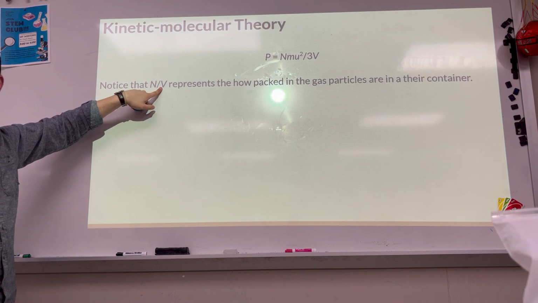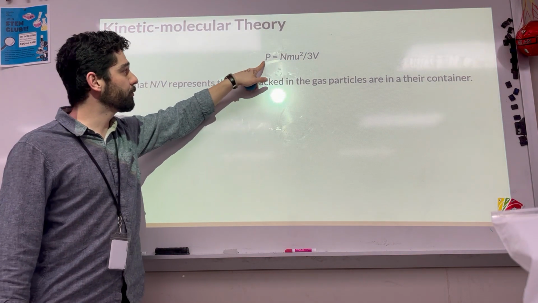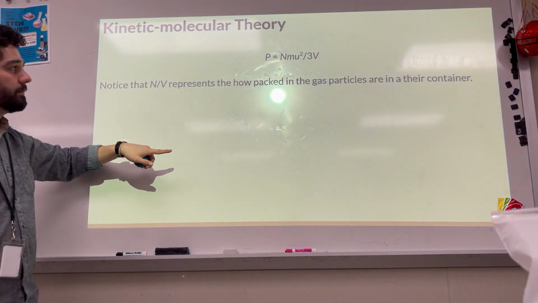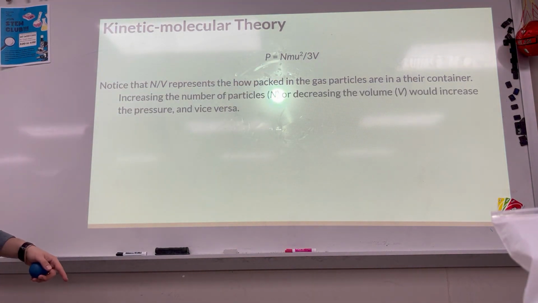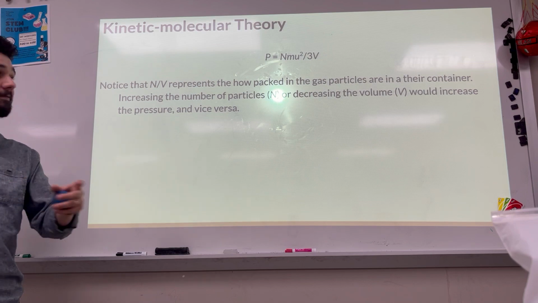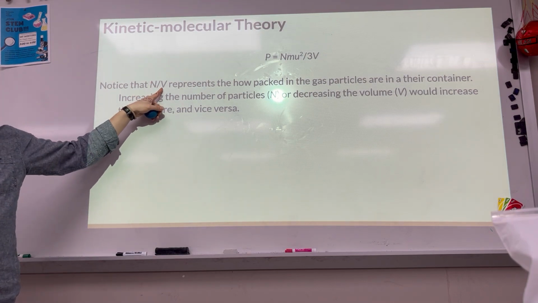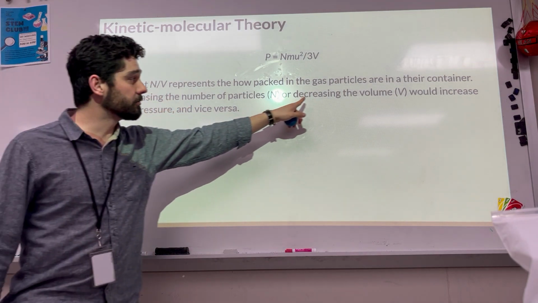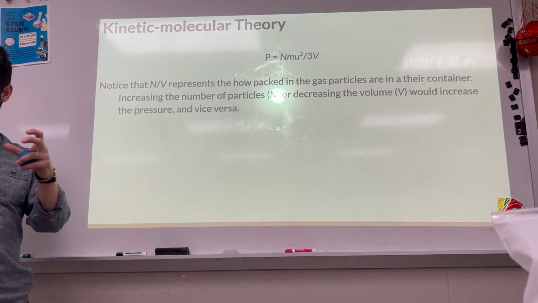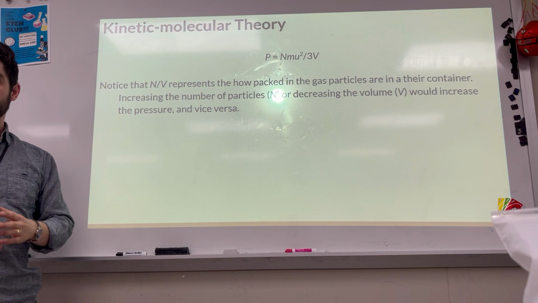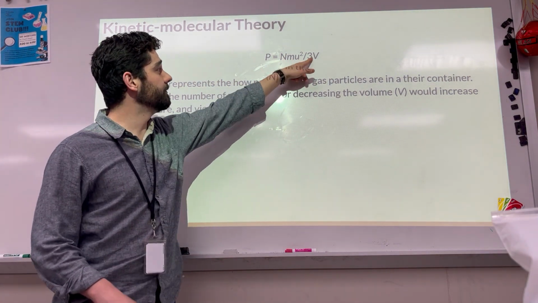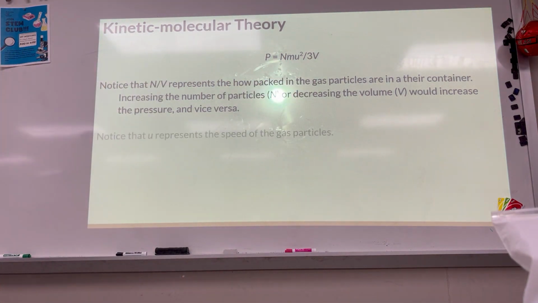And if this is part of my pressure equation, it makes sense that if I had more particles, there'd be more pressure because I have more stuff packed into a certain space, right? Or if I decrease or increase the volume, that would affect how much pressure there is, right? How packed in they are together, okay? So it makes sense that N and V are in there, okay?